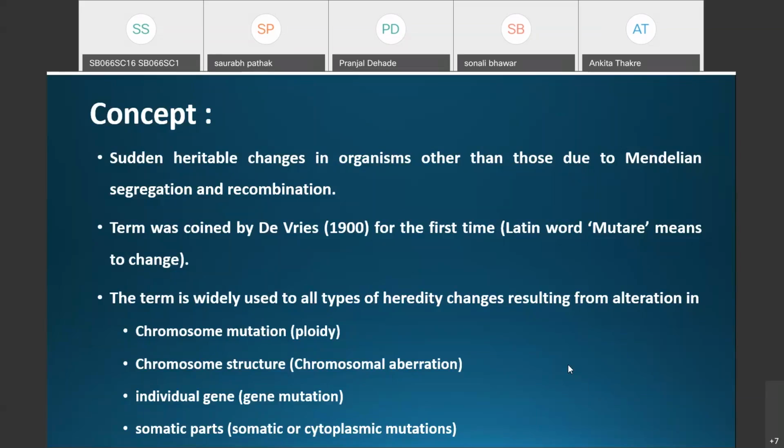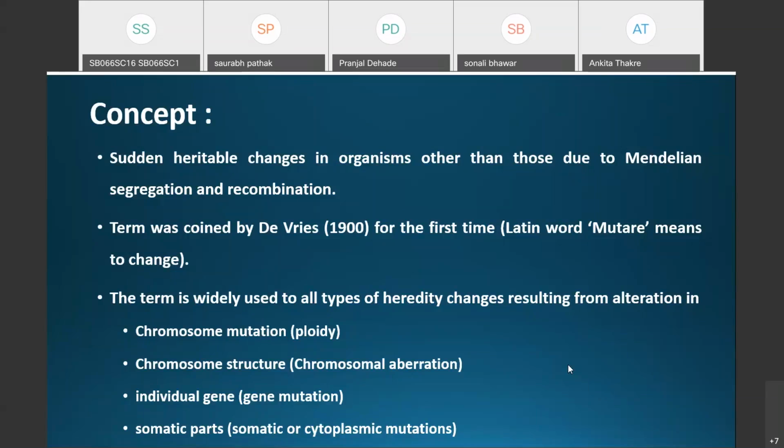The term mutation was first used by De Vries in 1900.